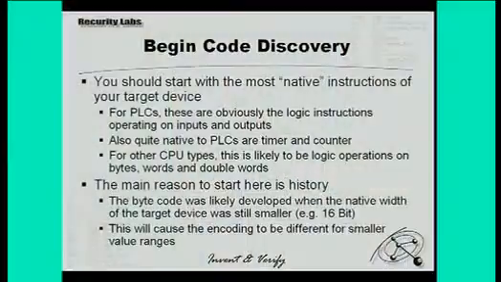And then you start with the most native instructions. For a regular CPU, that would be byte operations, AND byte and another byte, or loading into all registers that you could find, and all that type of stuff. For the PLC, the most native instructions are the logic operations on inputs and outputs, also the timer and counter operations. The reason to start with the most native thing that the CPU does is because the instruction sets are very likely to be historically grown.